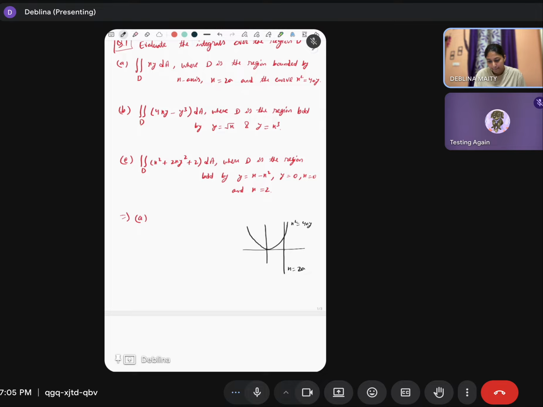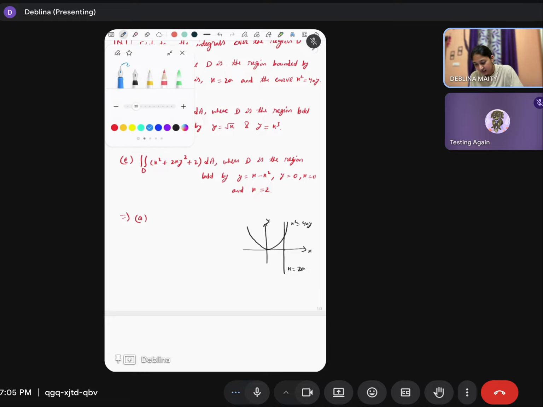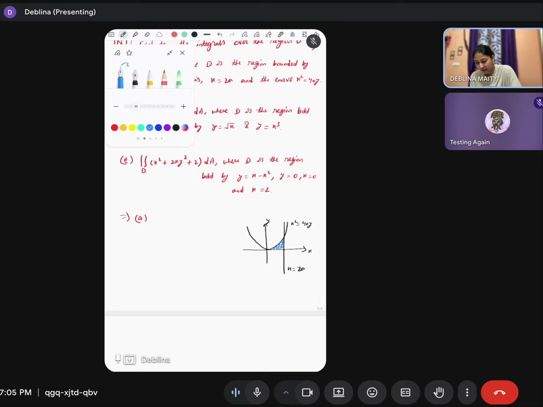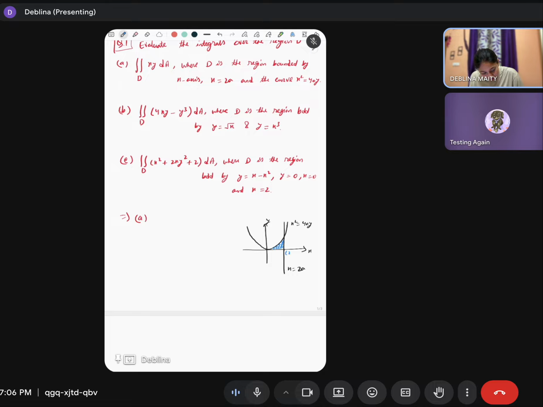And this is the x-axis, right? So the region bounded by the x-axis, the line x equals 2a, and the parabola is this portion. And what is the point here? Here the point is 2a, 0.